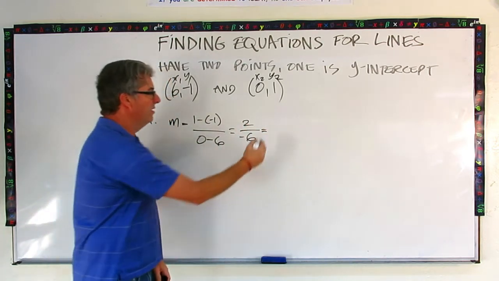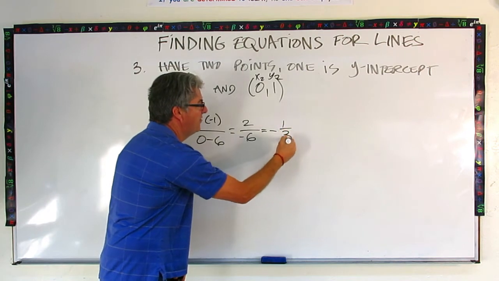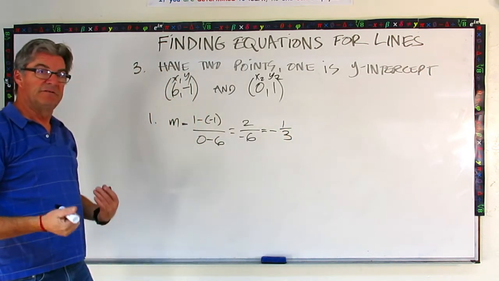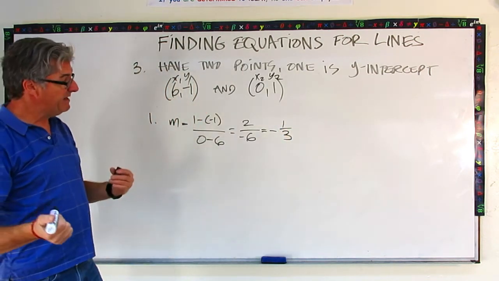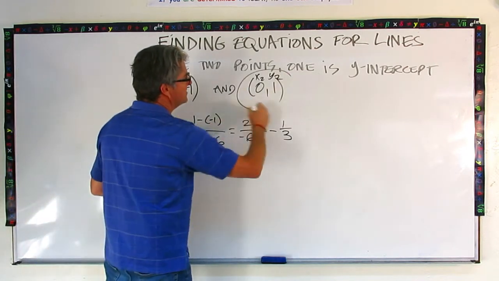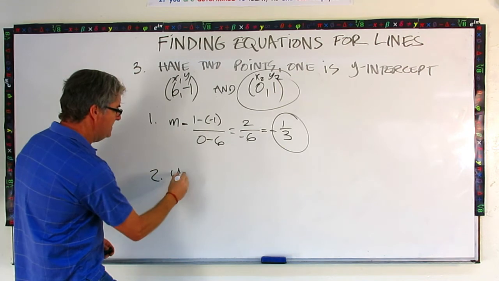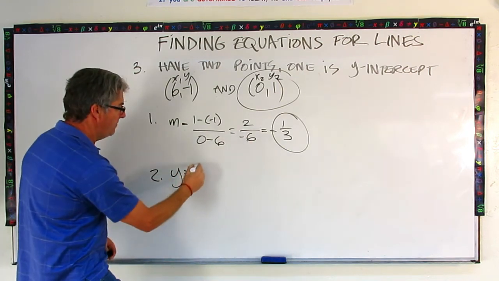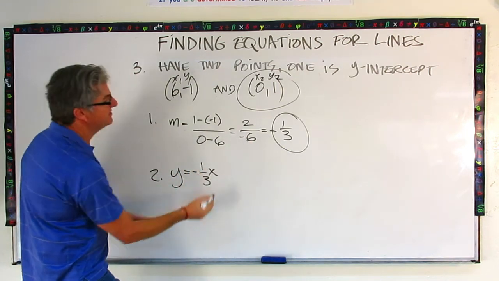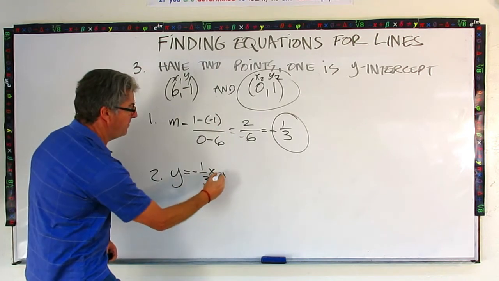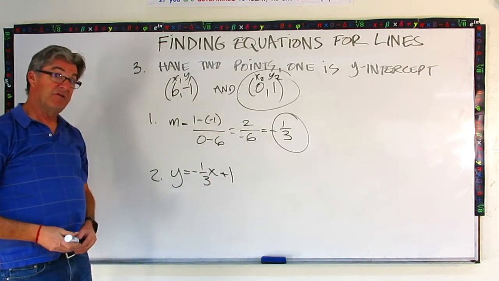As a slope, we're going to write that as negative 1/3. That's our slope. Second step, plug that into the equation. Use our y-intercept here and our slope there, and we'll go y equals slope, minus 1/3 x. Y-intercept is positive 1. And there's our equation.